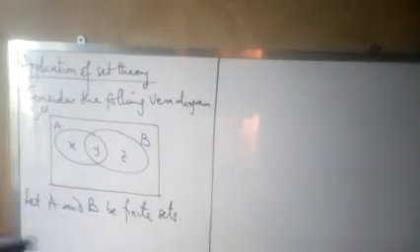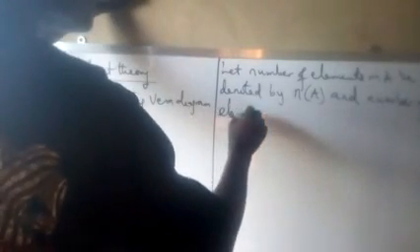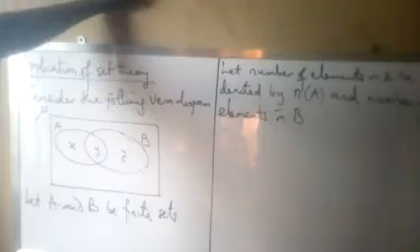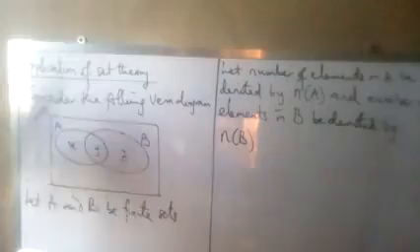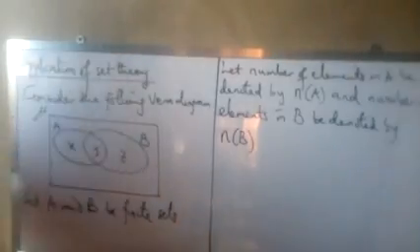Now, let the number of elements in A be denoted by n of A, and the number of elements in B, that is in subset B, be denoted by n of B. Don't forget that A and B are subsets of the universal set.